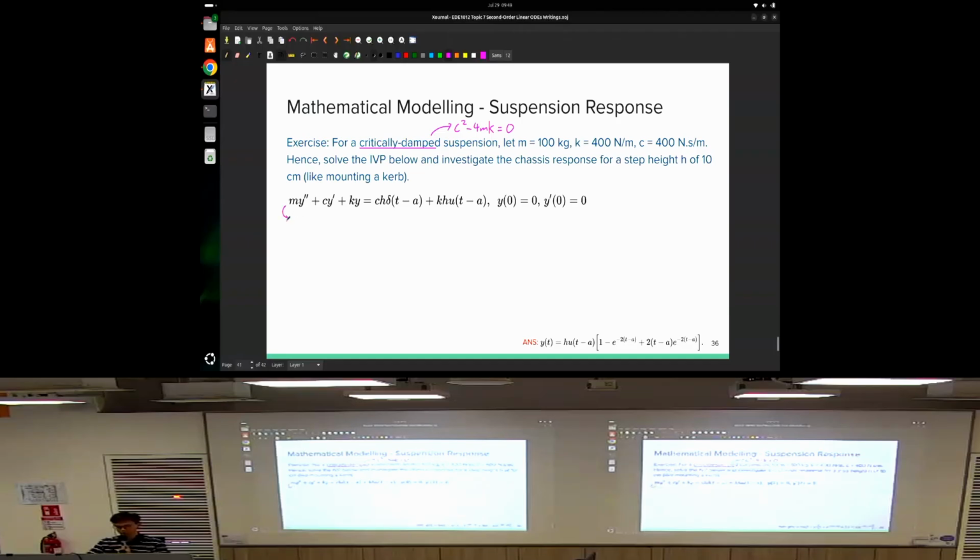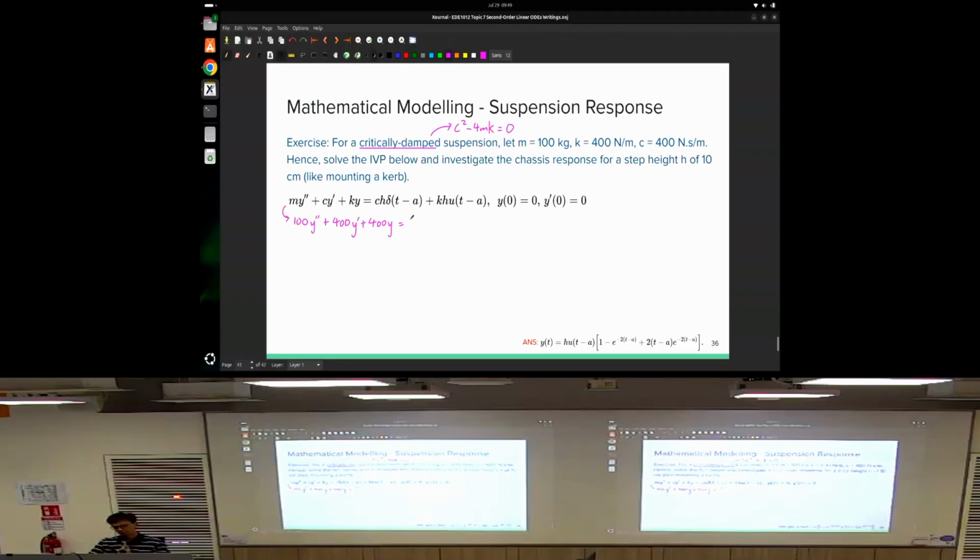So therefore, substituting, we're going to get 100 y'' plus 400 y' plus 400 y equals, so the height is 10 cm, but I'll just leave it as h first. Later on we can substitute 10 cm, because this is in SI units, and 10 cm gives a decimal that's not very nice to work with.